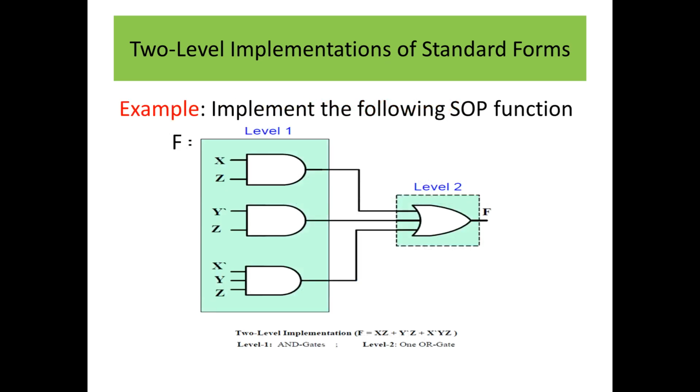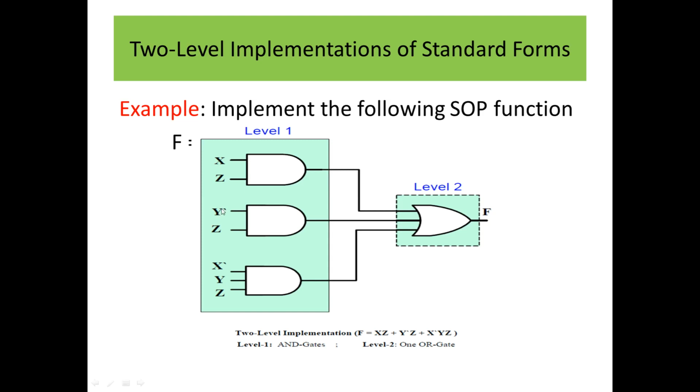Example: implement the following SOP function, F equals XZ plus Y bar Z plus X bar YZ. For XZ we use a 2-input AND gate, which gives the product term XZ.